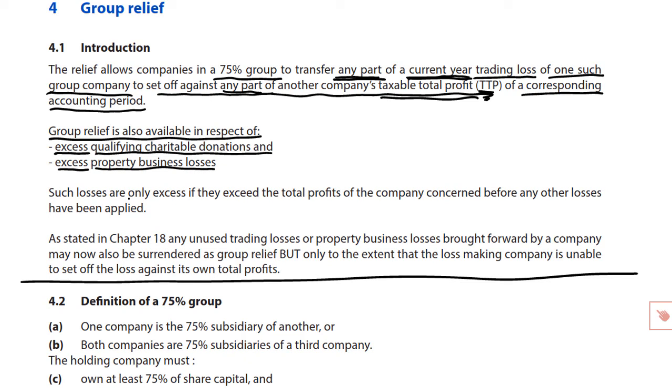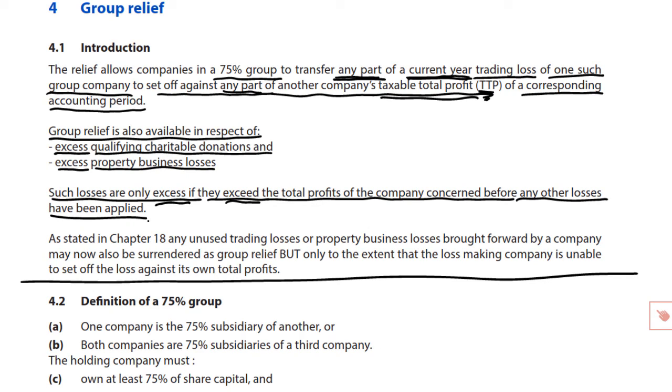Now again, we use the word excess here. Such losses are only excess if they exceed the total profits of the company concerned, and that is exceeding those total profits before applying any other losses.